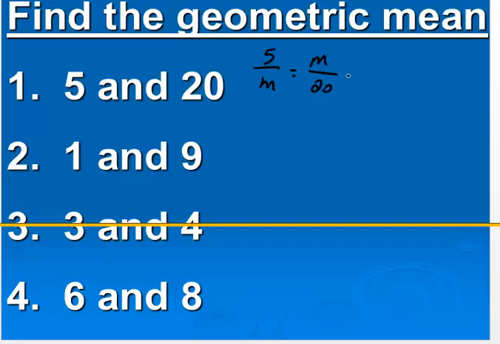So let's see what happens when we cross multiply. 5 times 20 is 100, so we're multiplying the two numbers together. M times M is M squared, and we're always going to get M squared. So then we take the square root to get rid of the squared, and the geometric mean is 10. So every time we go to find the geometric mean, we're going to multiply the two numbers together.